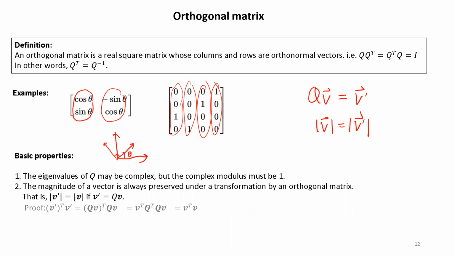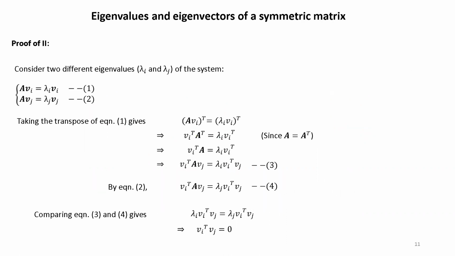Maybe another example is reflection. You take the mirror image of a vector. It will change the direction, but again it won't change the length of the vector itself.